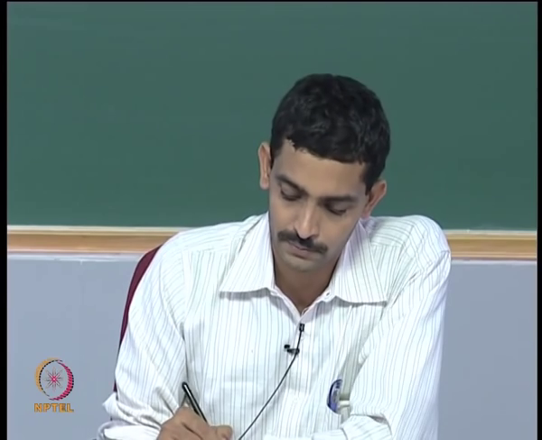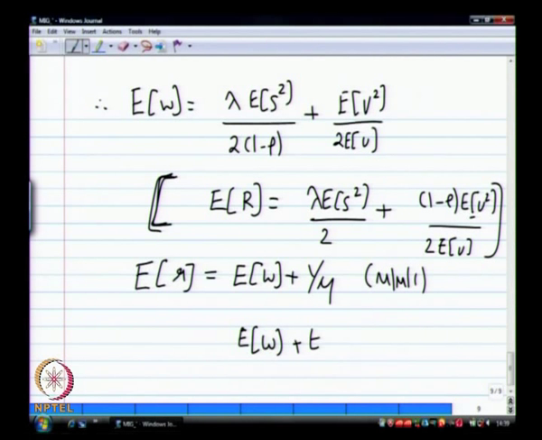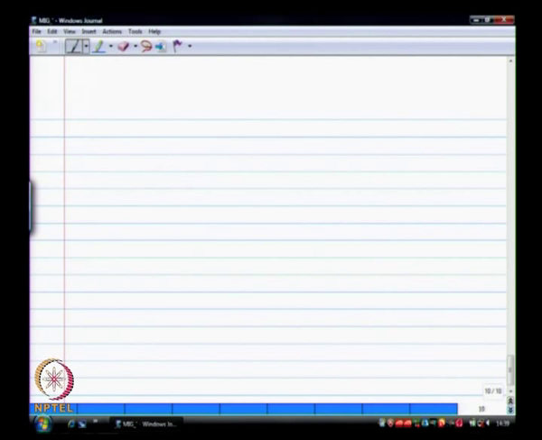Once my waiting time is over, all I do is wait for my service. That is still right in the case of M/M/1, or it is E of w plus E of s if it is M/G/1. That is why we have included the service time, and the residual service time also includes the server's vacation.